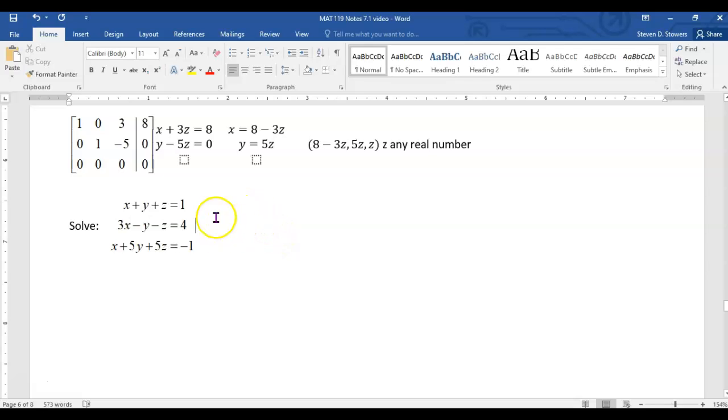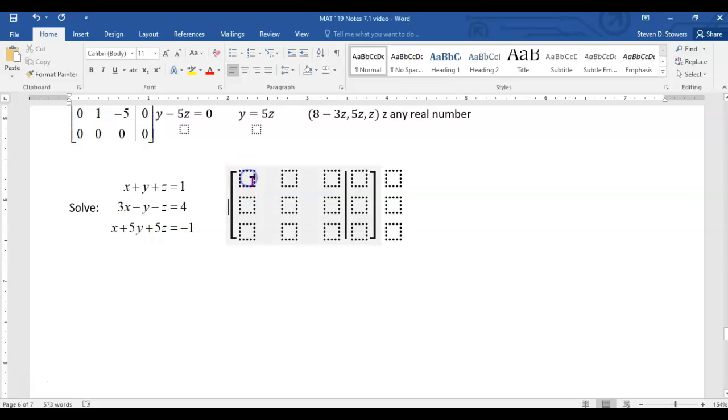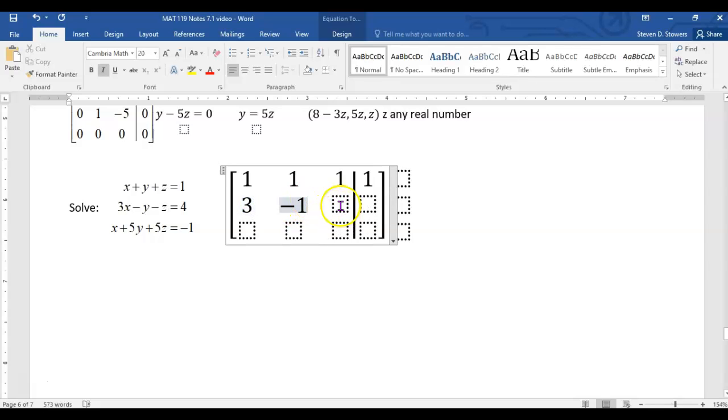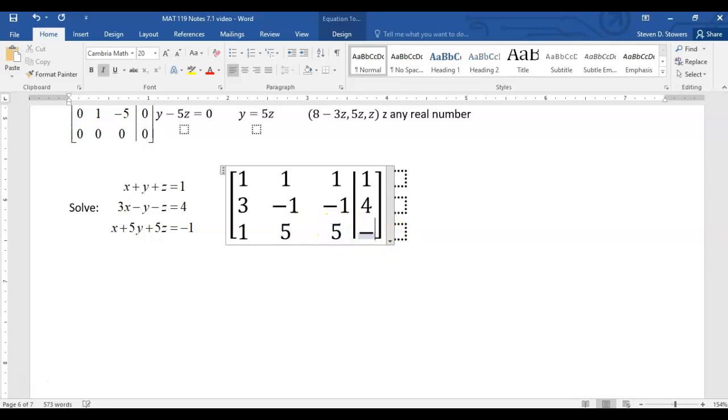So for this system, the augmented matrix would be, see if you can tell what it is before I write it down. Okay, so for the first row, the numbers are 1, 1, 1, 1. For the second row, the numbers are 3, -1, -1, 4. And for the third row, the numbers are 1, 5, 5, -1.